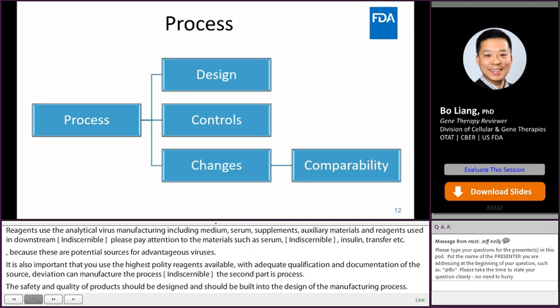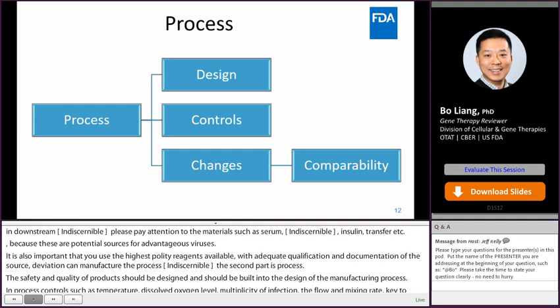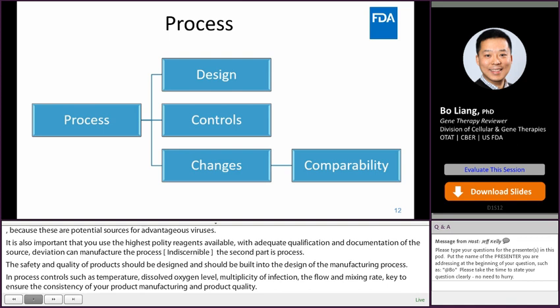When there is a change in the manufacturing process, comparability studies may be required to determine the impact of this change on the product's identity, quality, potency, and safety.